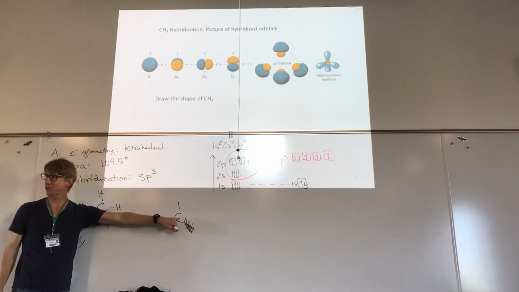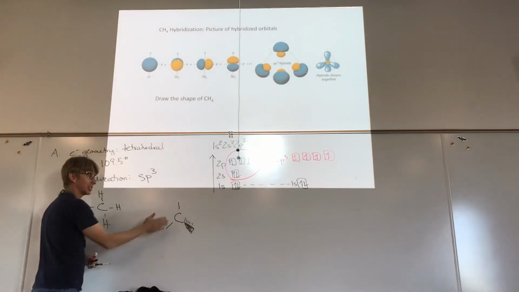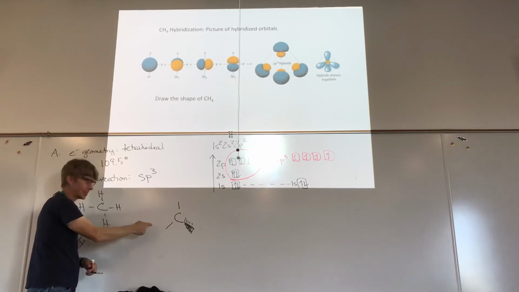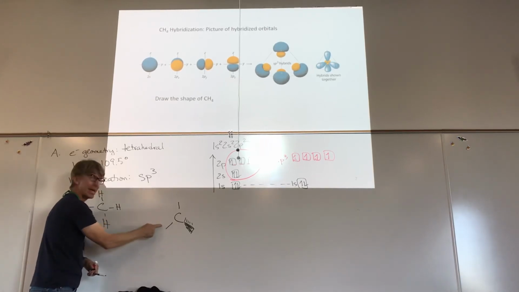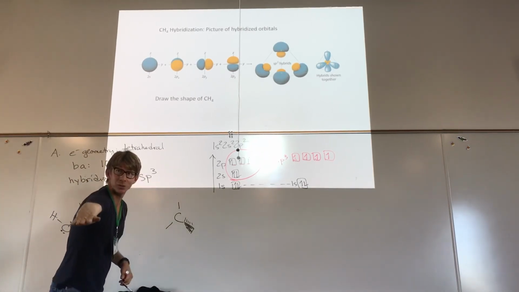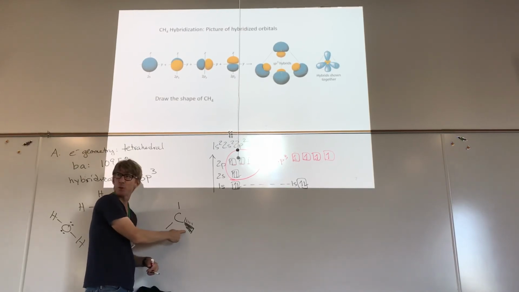For all tetrahedral central atoms, there are 2 positions that are flat in the plane of the board. That's these 2, and these 2 lines are lines. But this line is coming out towards you, so it's getting bigger. It's a sense of forced perspective, and it's certainly not an art class, but the line gets bigger.